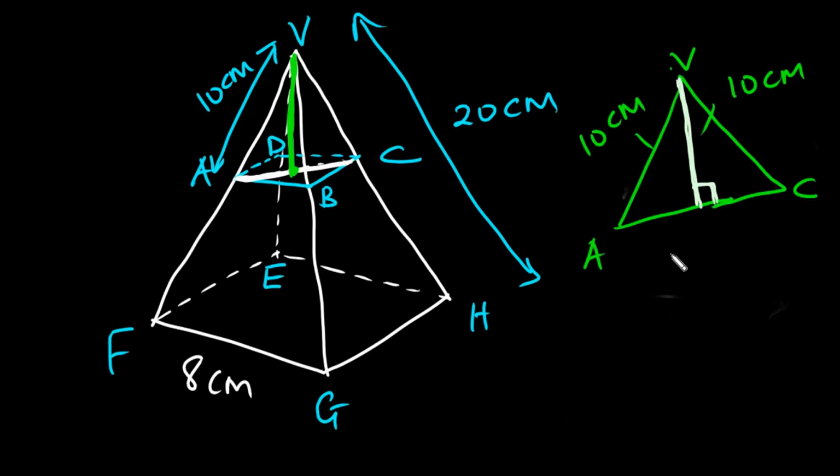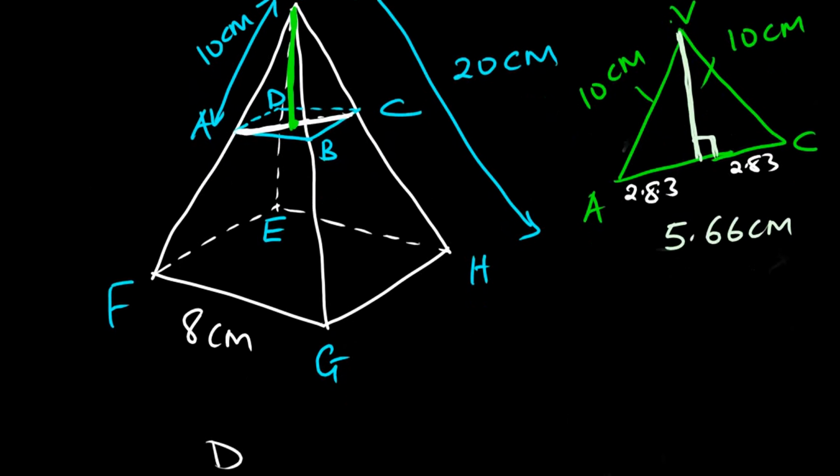We already know that AC is 5.66 centimeters from our previous question. So if we divide this length by 2, 5.66 by 2, it's going to be 2.83. So each one of them is 2.83 and this one is also 2.83.